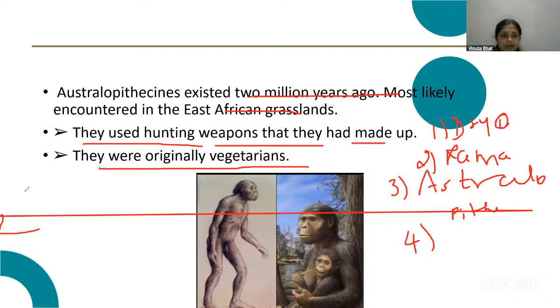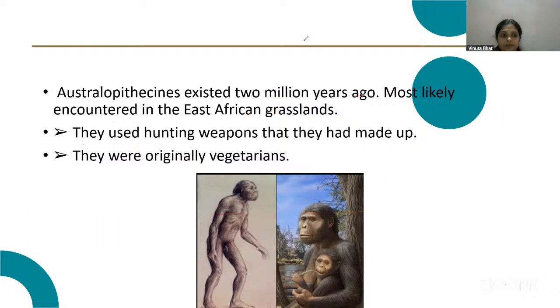So that is the characteristic feature. The next one, the fourth one, Homo habilis characteristics.